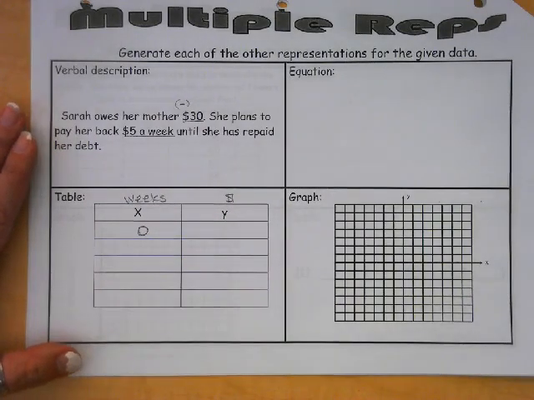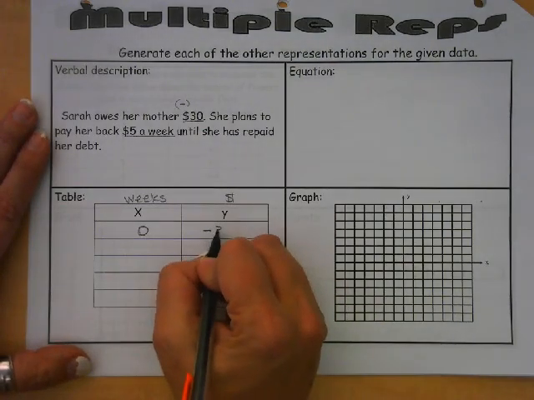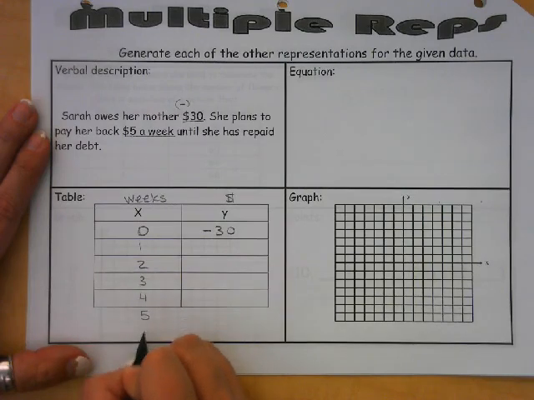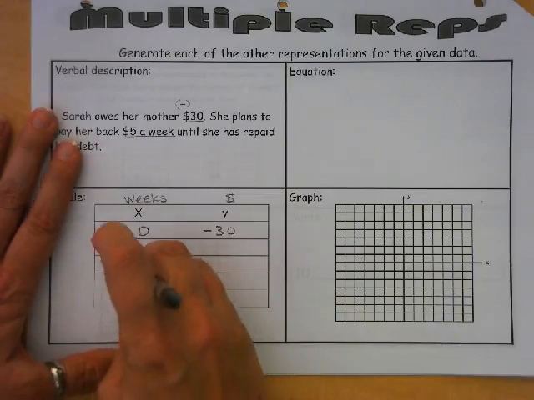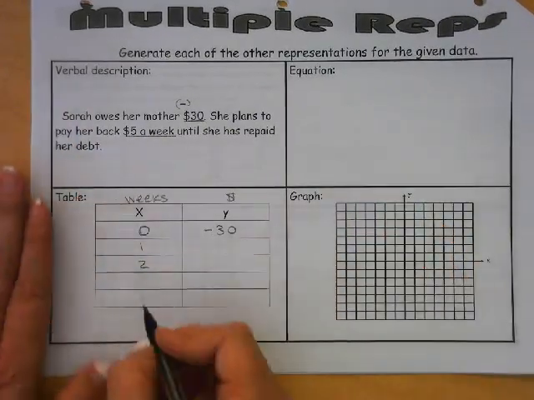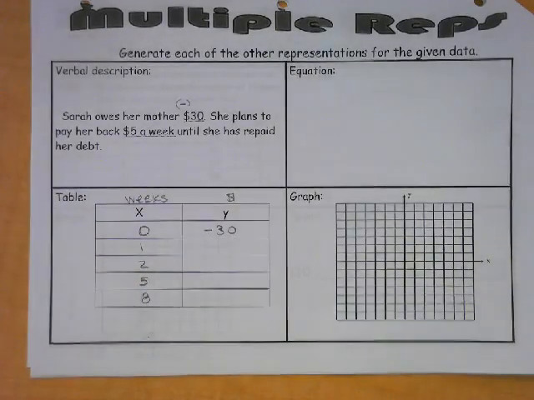So at 0 weeks, how much money does she have? Be careful. Good, negative $30. 1, 2, 3, 4. You could even add some 5, 6, 7 if you wanted. Or if you don't want to keep it going like that, maybe you skip a few. 1, 2, skip a few. 5 and 8. I don't know.